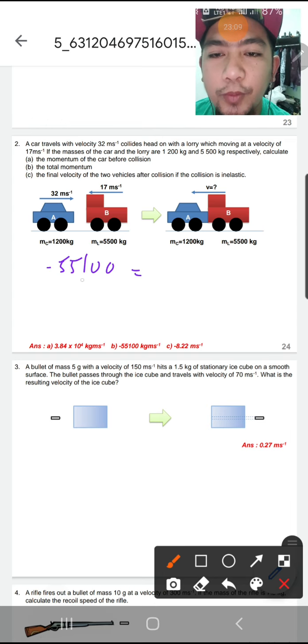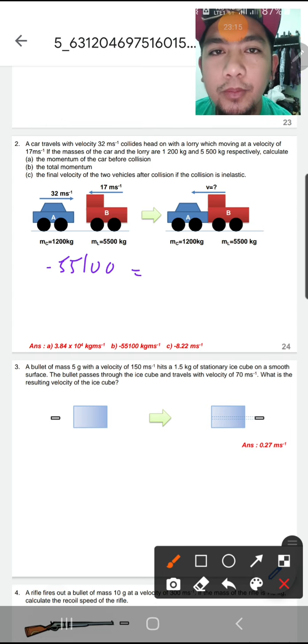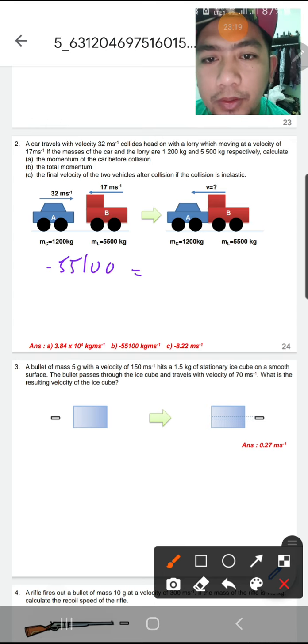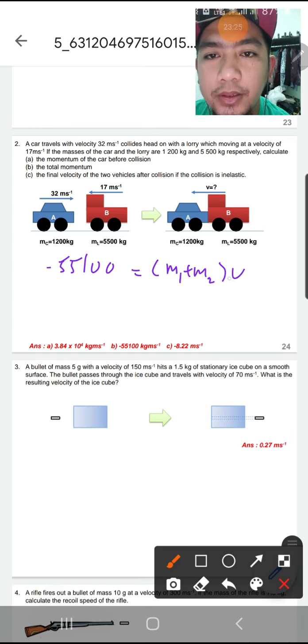This is the momentum before the collision. So according to the principle of conservation of momentum, the momentum before collision is equal to the momentum after collision. So the formula is M1 plus M2 times V. So we need to find the velocity.